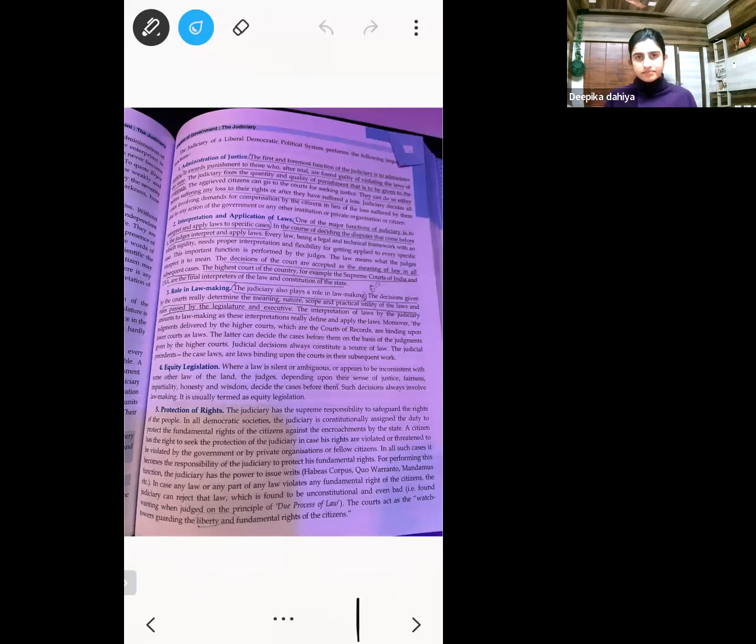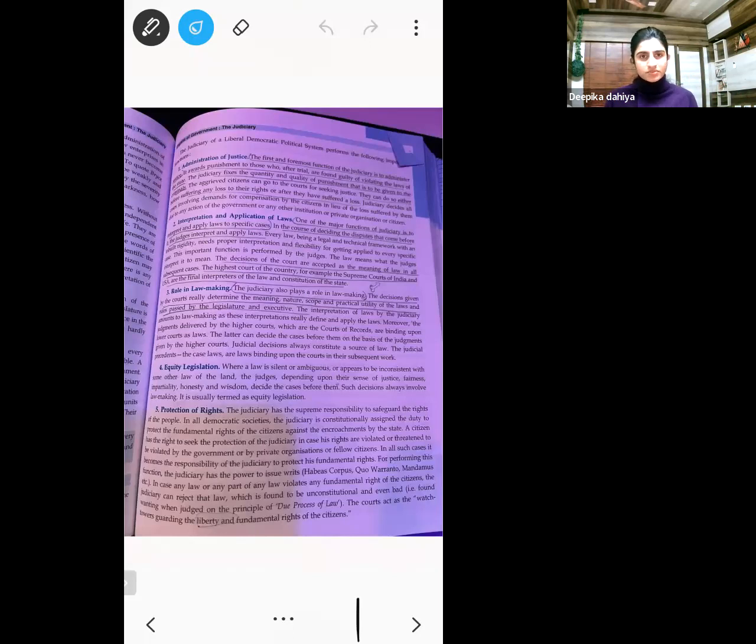That's not inequality. That's in alignment with the Constitution's preamble: social justice. Had social justice not been mentioned in the preamble, had abolition of untouchability not been there in Article 17, we might have been confused. Why do we offer reservations if we are talking about equality? But since we have such provisions, we can justify these kinds of positive discriminations.